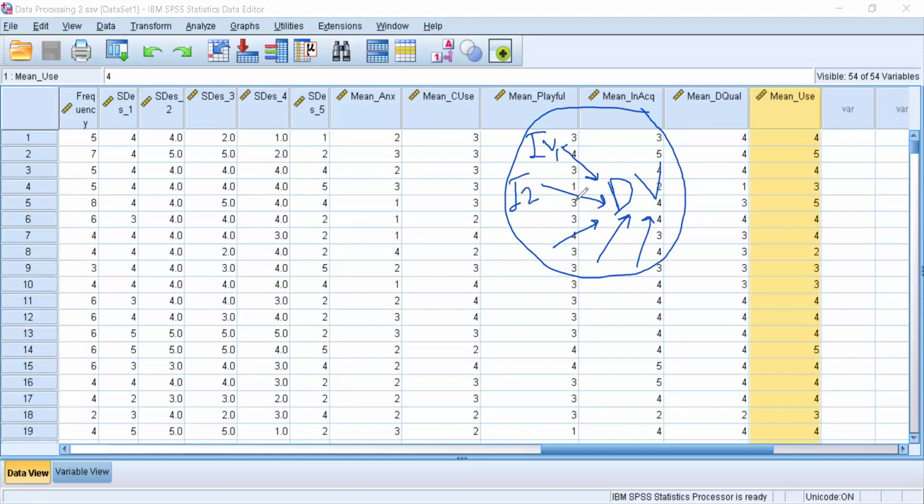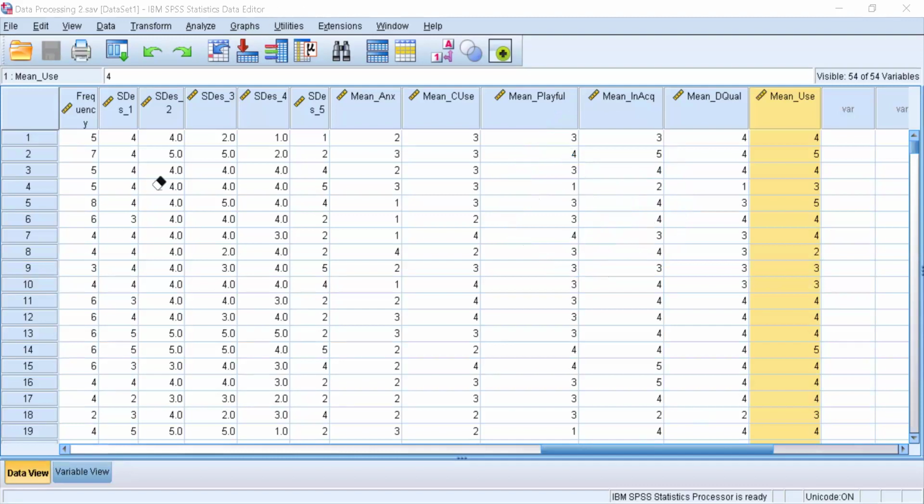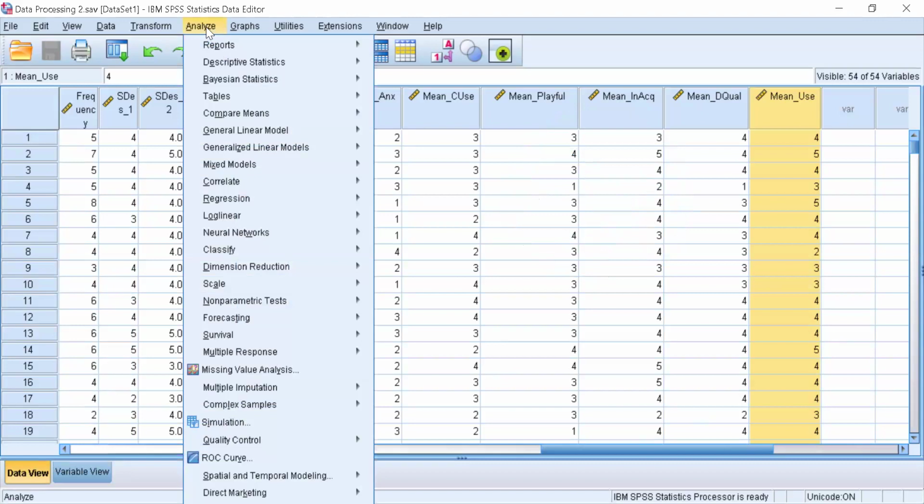Now once I have this clear, what do I do? I do a regression. How do I do that? I go to analyze. Does everybody see it? I go to analyze, regression.